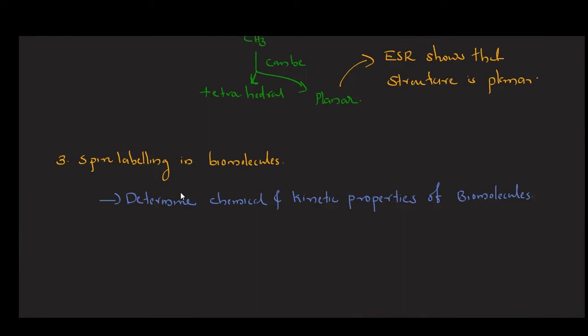As the process is, we are attaching a particular radical to a portion of the biomolecule. The process of spin labeling is done in the following way. First, attach a particular radical to the portion of a biomolecule.